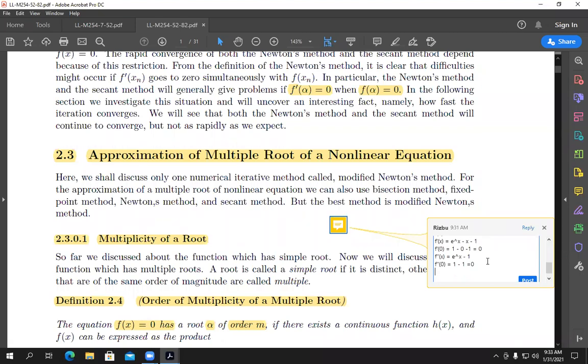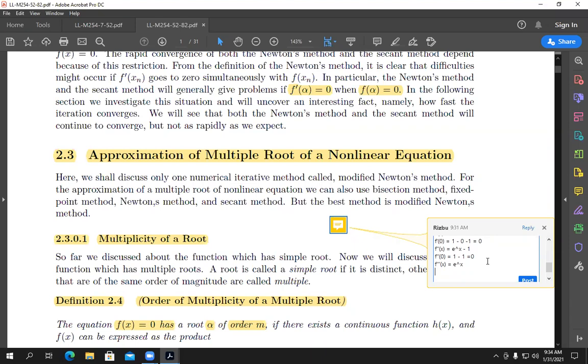Now, as I told you, if your derivative becomes 0, you have to continue. You stop only when the derivative is not equal to 0. We want to find the third derivative. What is the third derivative of this one, please? e^x.